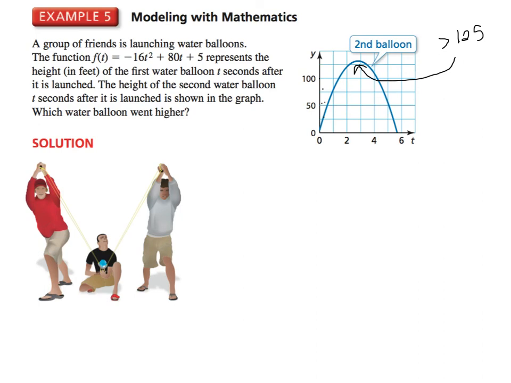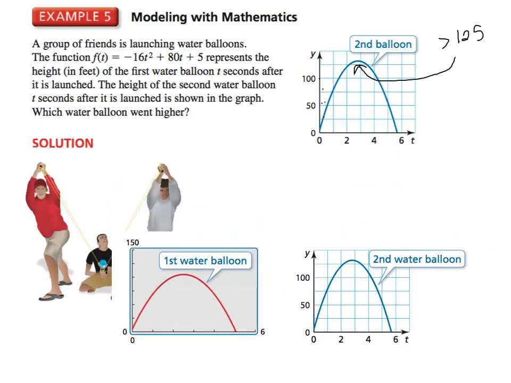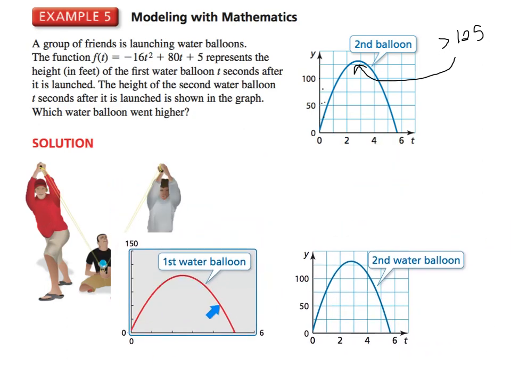So now you can graph the other one on your graphing calculator. If you graph the other one on your graphing calculator, you're going to get something like this. Now you may have to adjust your window to make this fit, but you'll notice that this one is going to 150, and that means it's counting by 25s. Well, this is 100.